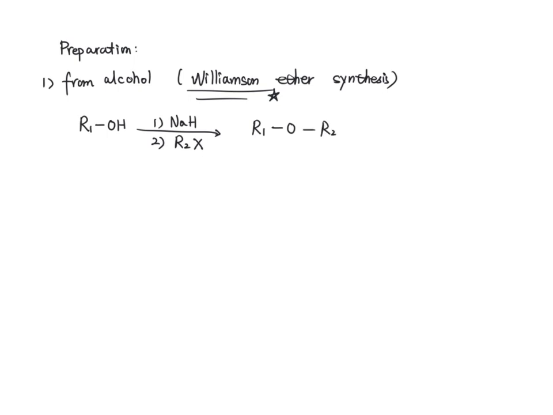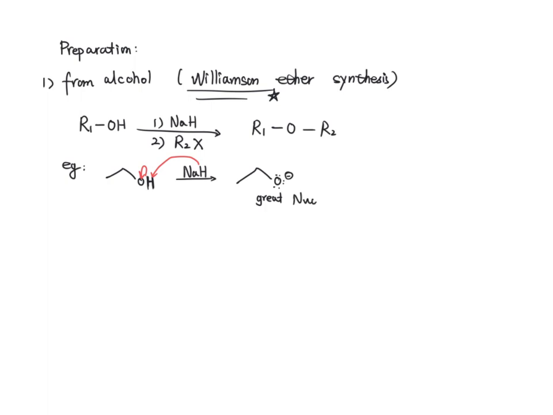Okay, so for example, if we start from ethanol, and we have sodium hydride. Sodium hydride is a strong base. So what happens here, you already know, it will grab this hydrogen right here and give us an alkoxide. And we know that alkoxide is a very strong nucleophile, a great nucleophile.